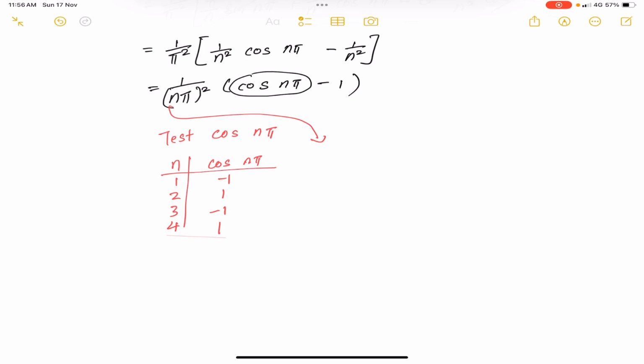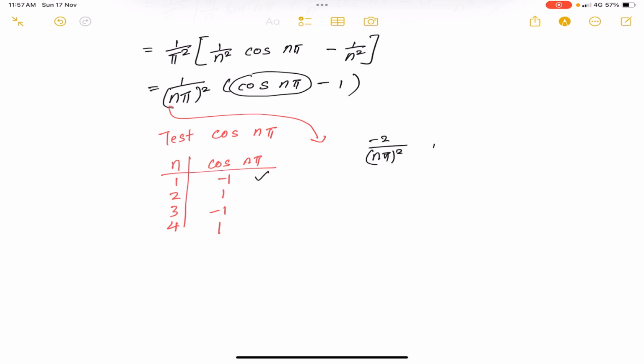So 1 over n pi square. Let's say cos n pi, n equal to odd, you will get -1. If -1 minus 1, you get -2. So the answer is -2 over n pi square.